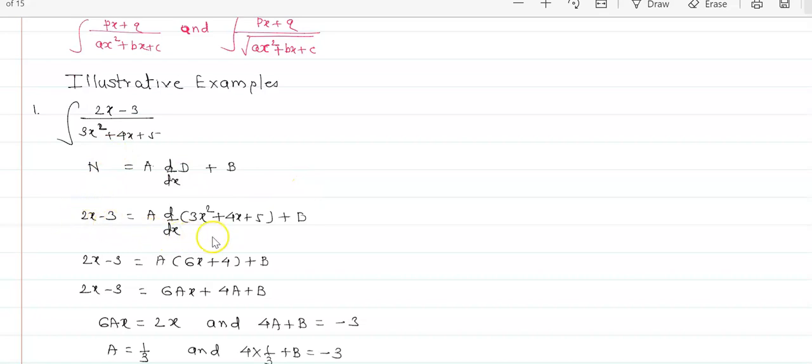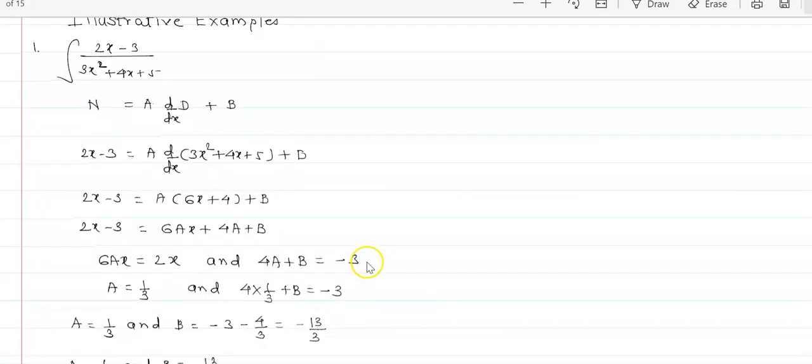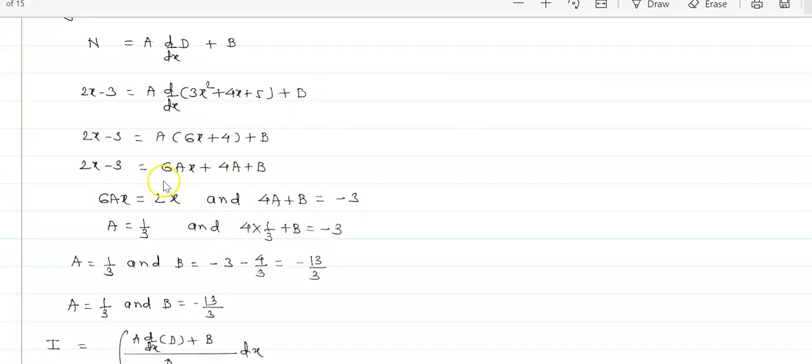2x minus 3. We take the derivative of the denominator. What is the derivative? Here it is A into (6x plus 4) plus B, and equate the coefficients. So 2x minus 3 equals 6Ax plus 4A plus B. Equate the coefficient of x: 6A x is equal to 2x, and 4A plus B is equal to minus 3.